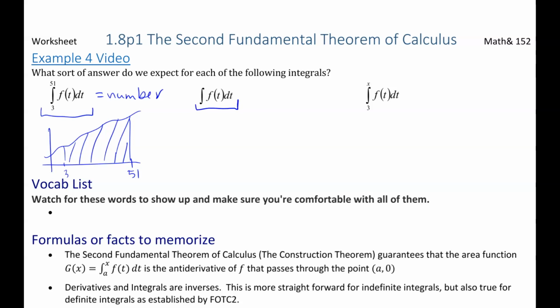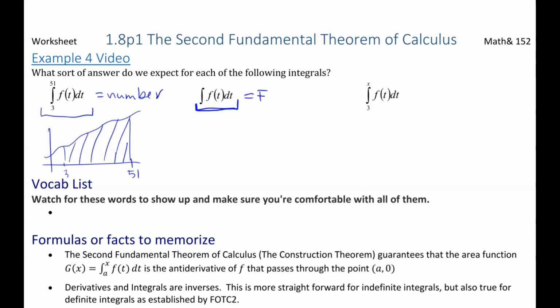The indefinite integral does not give us an area. It gives us an antiderivative. In fact, I'm saying that wrong. It gives us the antiderivative. So the entire family of functions that could be an antiderivative of little f of t, meaning this includes the plus c.